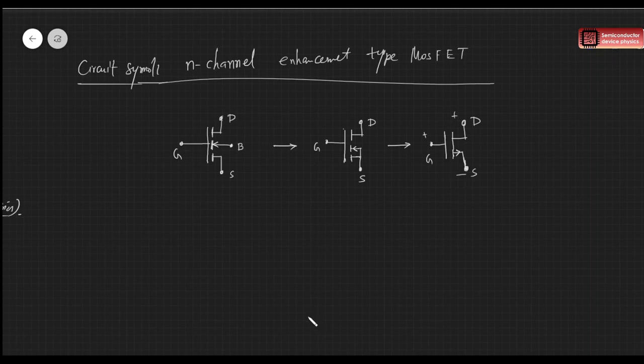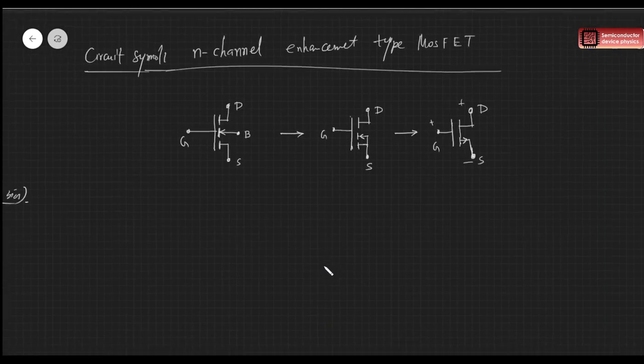And in case of a P channel device, so this is for N channel. Okay, we wrote already on the top. P channel enhancement type MOSFET.